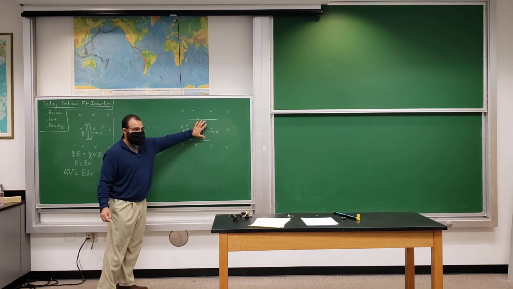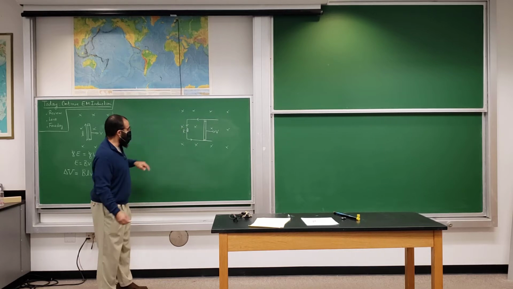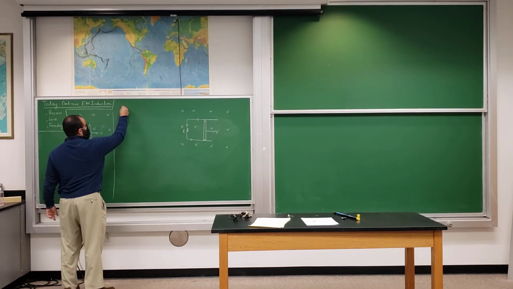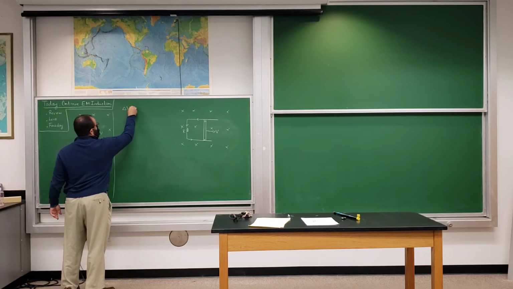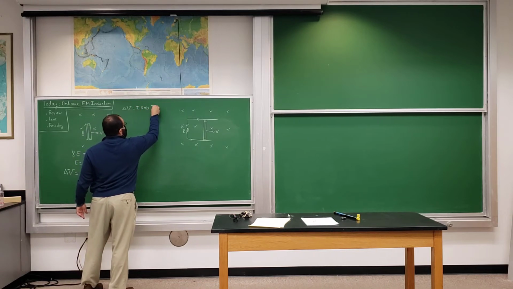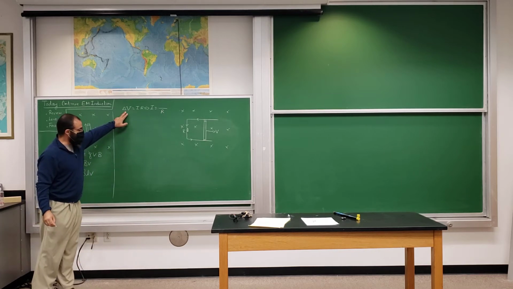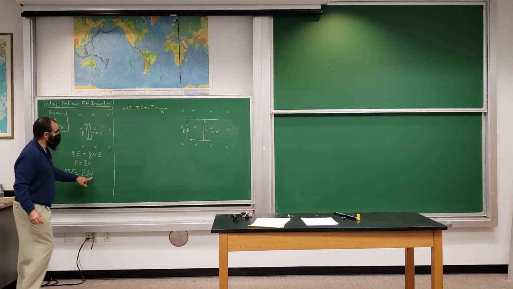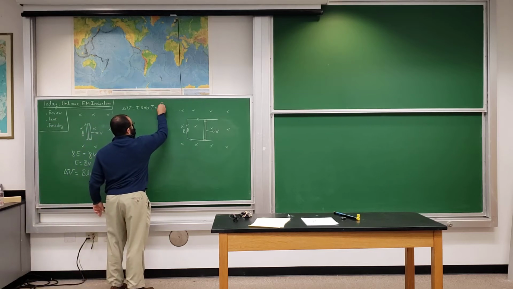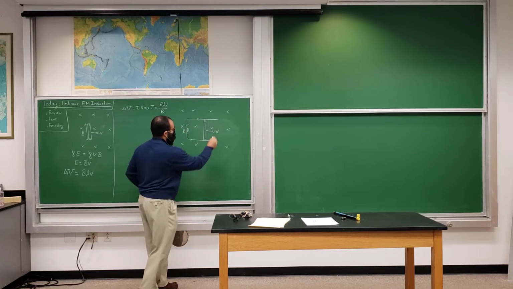It's like you have a battery that provides a potential difference of a certain voltage and there is a resistor here. So what would the current be? Well, we know from Ohm's law, delta V equals IR, and therefore the current I will equal the potential difference, which is BLV, over R. The length from here to here is now.